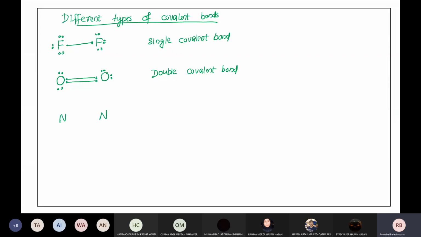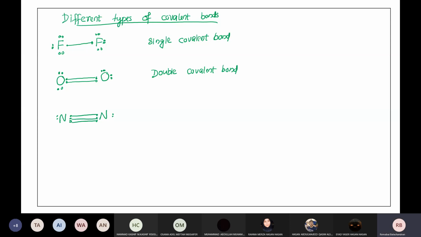Now say, for example, nitrogen, N. Which group of the periodic table? Nitrogen, 15. How many valence electrons does it have? 5. So 1, 2, 3, 4, 5. Here also 5. So now they can share.